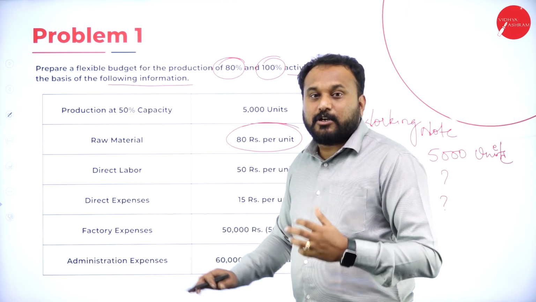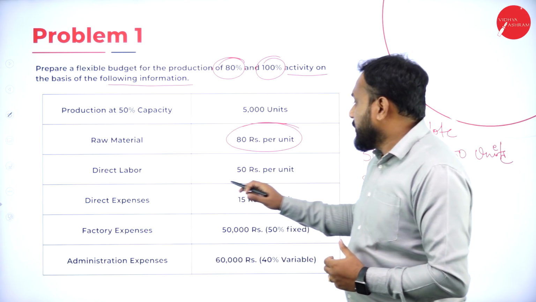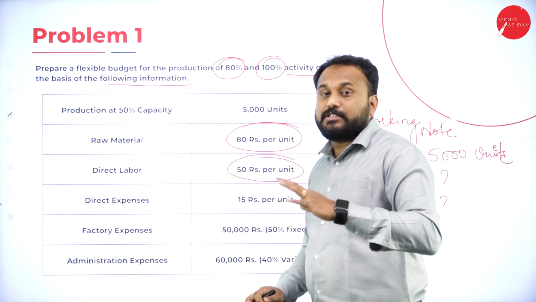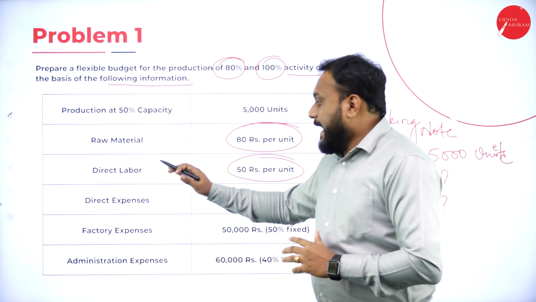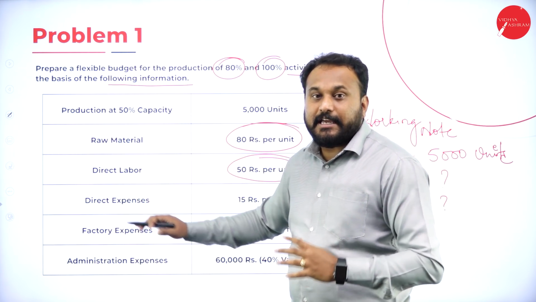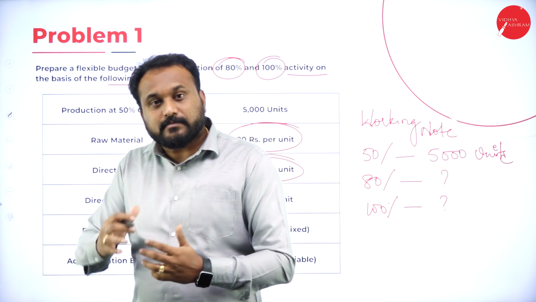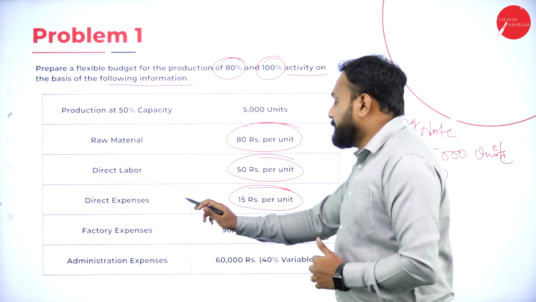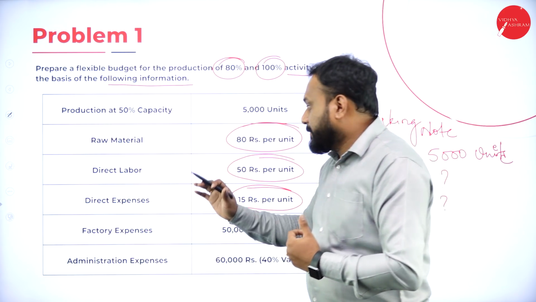Direct expenses are also 100% variable cost. Direct labor here is 50 rupees per unit, they are paying 50 rupees for one unit. And direct expenses, again I told you in the pro forma, direct expenses are also 100% variable. They are paying 15 rupees per unit.